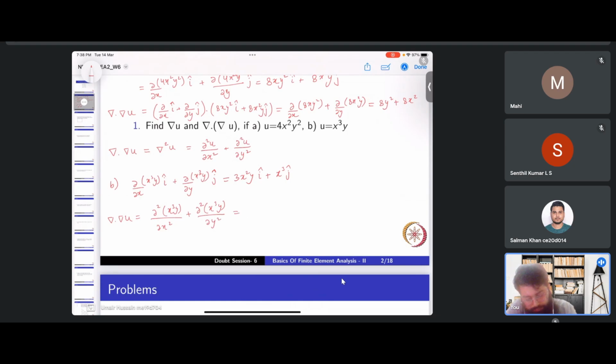So for the first term, taking the derivative with respect to x 2 times, we'll have 3 times 2, 6xy, right? And for the other term, the derivative with respect to y 2 times will make this 0. So we'll be left with 6xy.